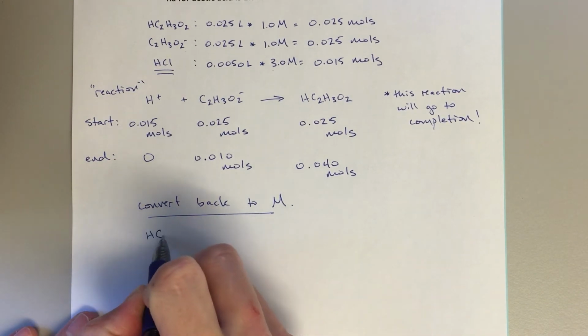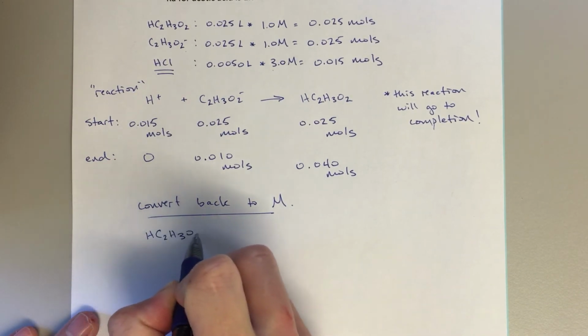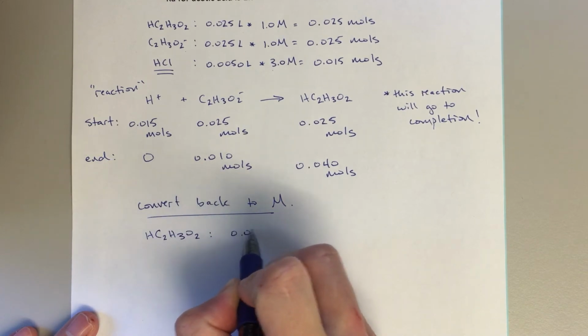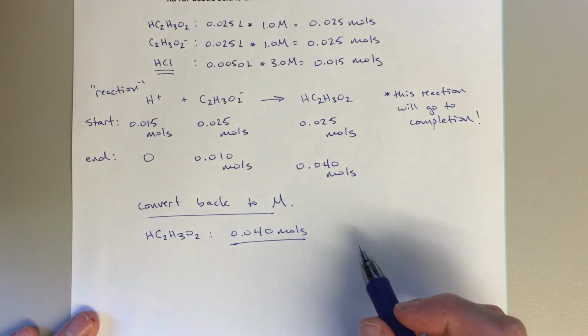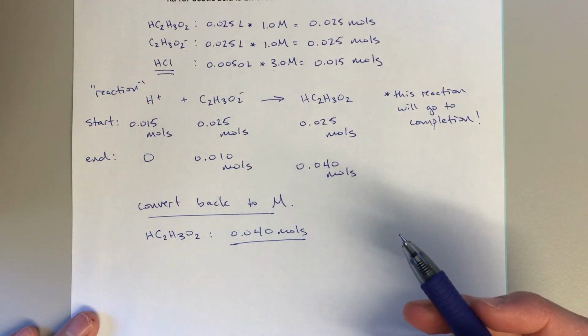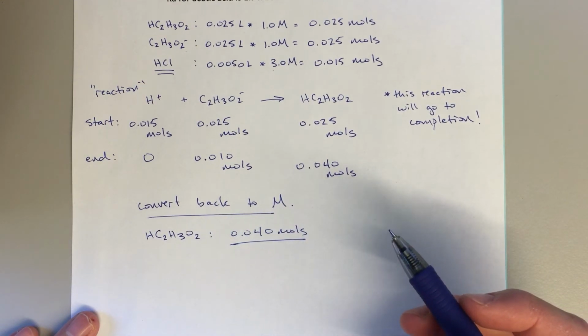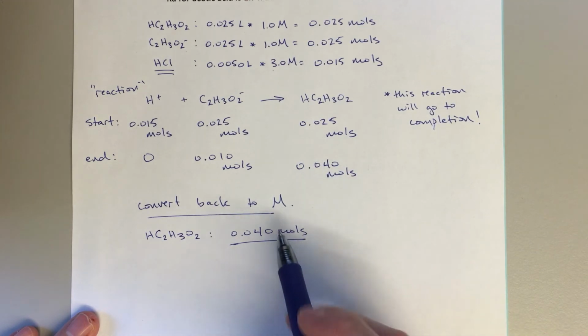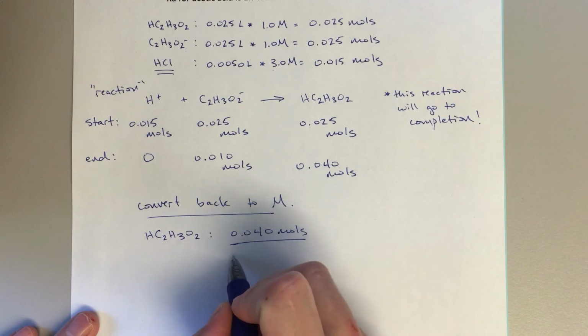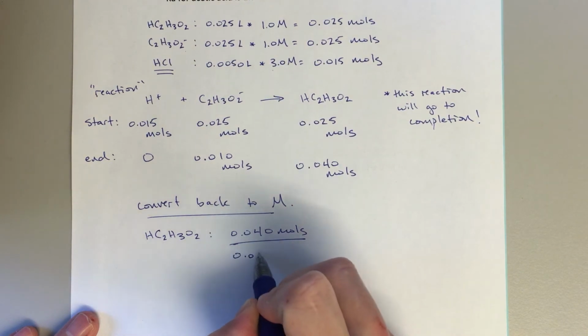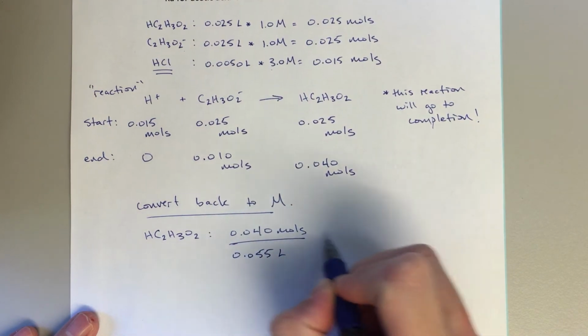So for acetic acid, now we need to find my total volume, right? Because my molarity is going to be my number of moles divided by my total volume, 25 milliliters and 5 milliliters. So my volume is going to be 0.055 liters.